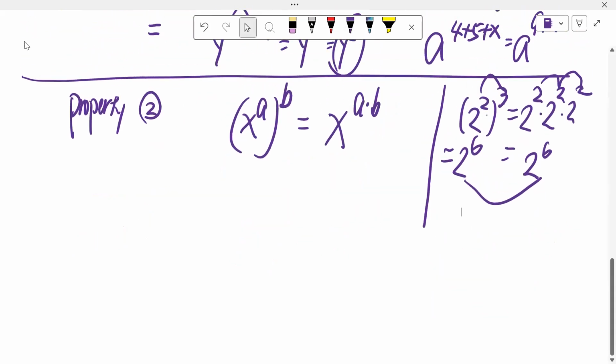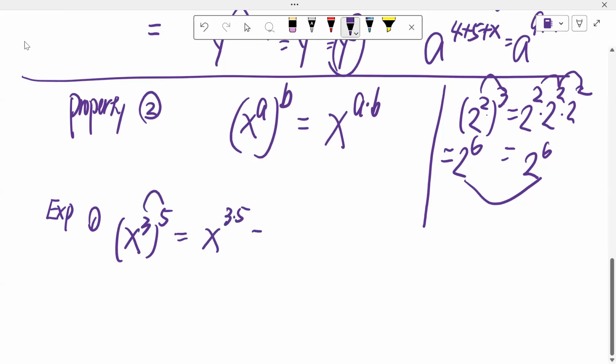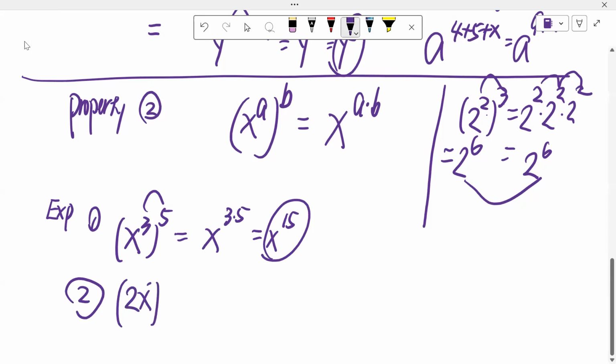All right, now let's apply property number 2 to simplify some expressions. Example 1: let's say we have x to the fifth to the third. So we multiply 3 and 5 and get x to the 15. And the second one, let's say we have 2x squared to the third.